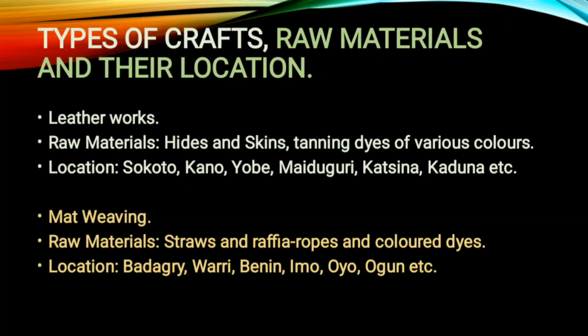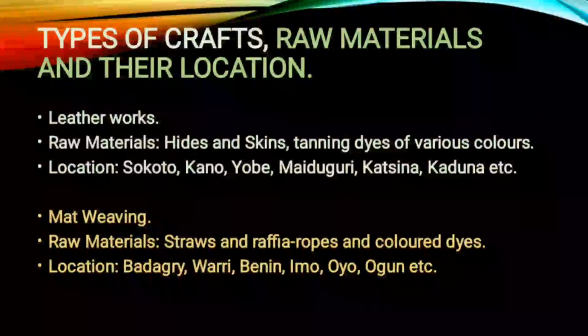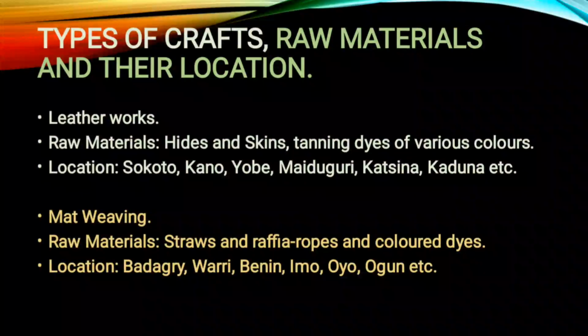Now we have different types of crafts, their raw materials, and their locations. Our first example is leather work. The raw materials for leather work are hide and skin from animals.